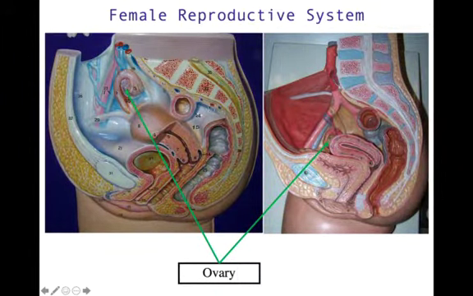We can go from the ovary to the outside of the body: ovary to uterine tube to uterus, cervix, vagina, outside of the body.